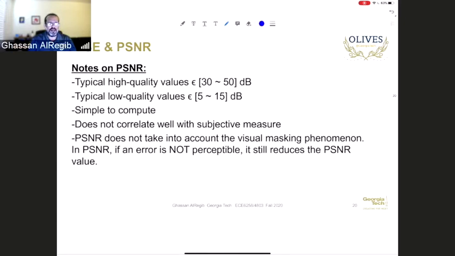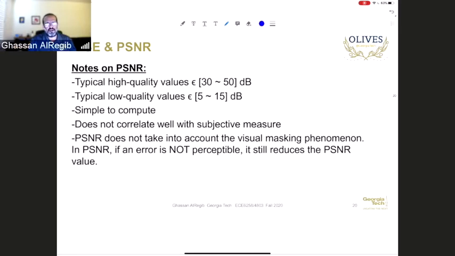As a guideline, why have we been using MSE for many years? Because it's very simple to calculate, and it's real time. We have a general understanding that if you have something between 30 and 50 dB, and with today's high resolution I would say 35 dB and above, then you have a good quality video or image. If you have something below 15, that's really poor, low quality.